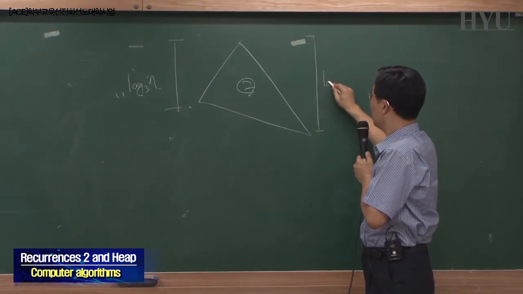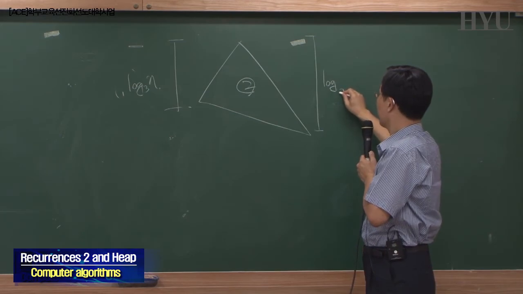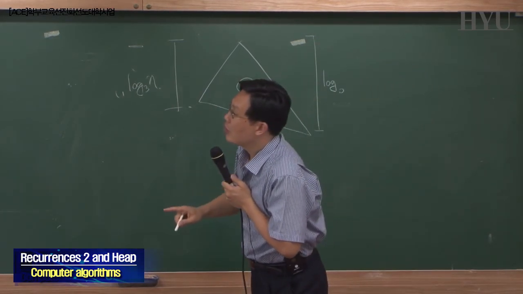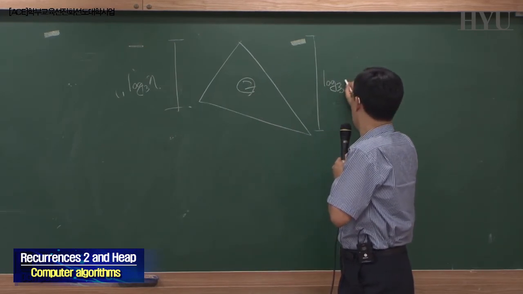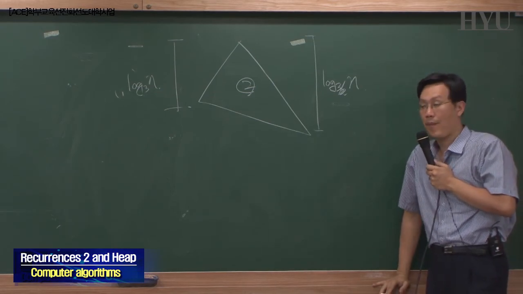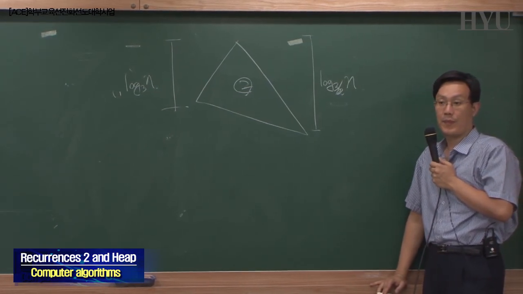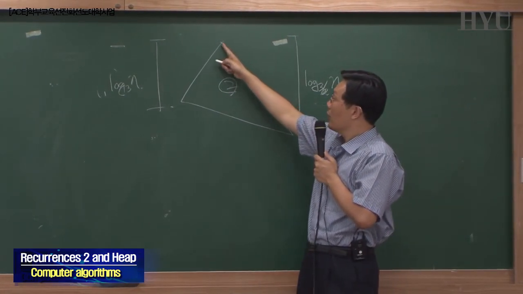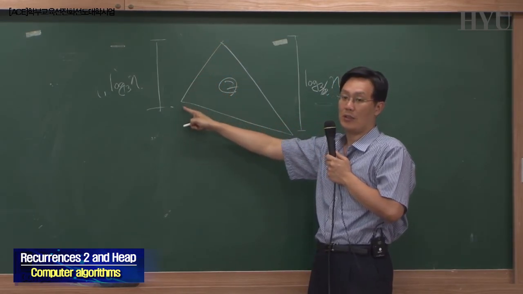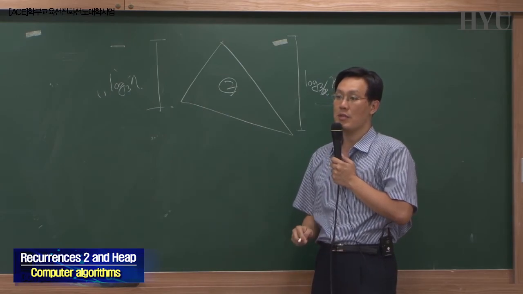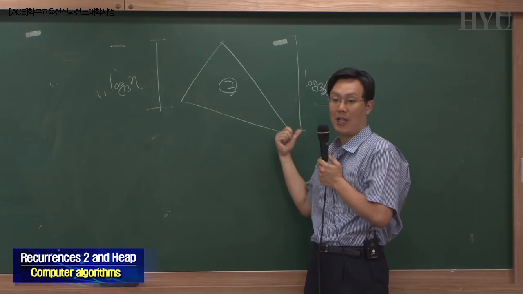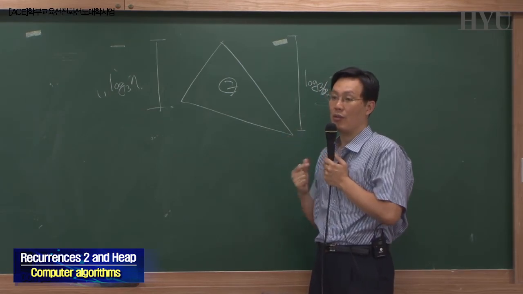It's log n base 3 over 2. So if we follow the left child, then it becomes smaller faster than when you follow the right child.